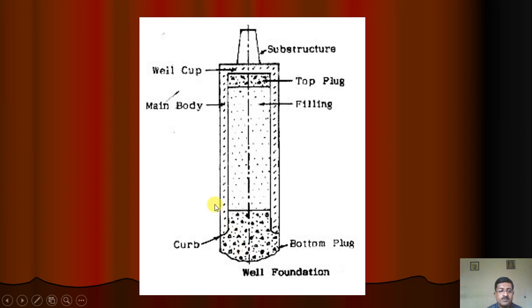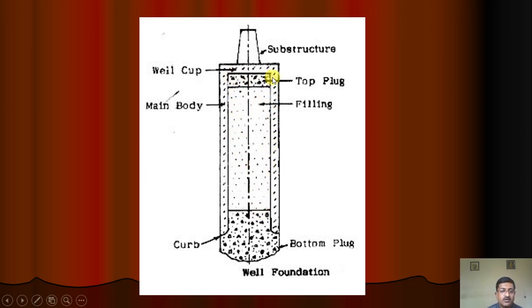For the bridge construction, it is excavated and a temporary dam, called a coffer dam, is prepared, and the water is diverted from that. At that position, this bottom plug of heavy mass concrete is placed. Then the RCC well is placed on that, and material is filled in this.